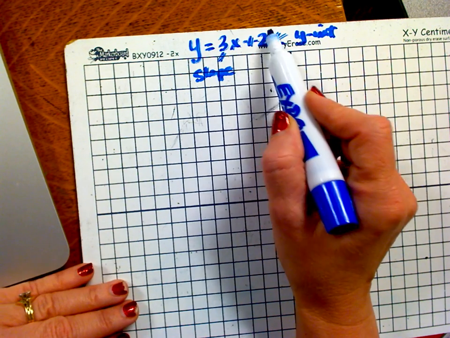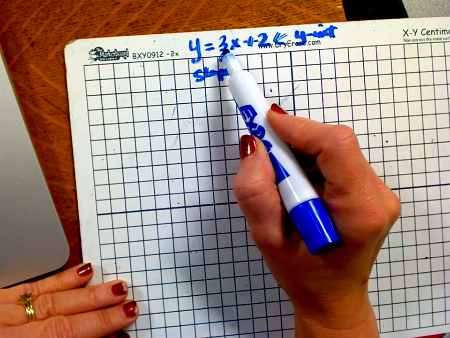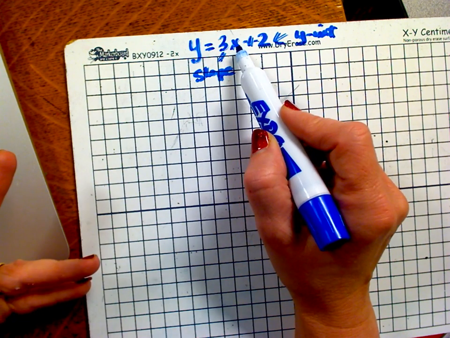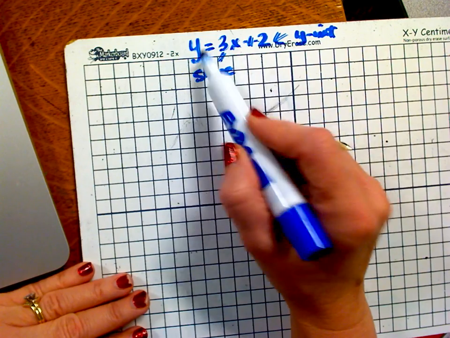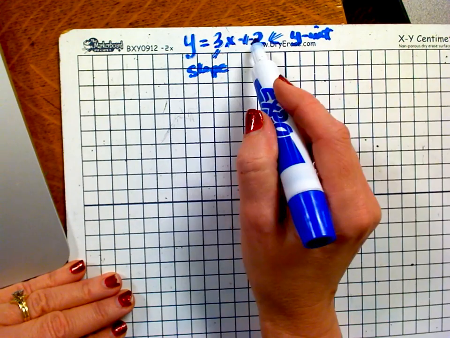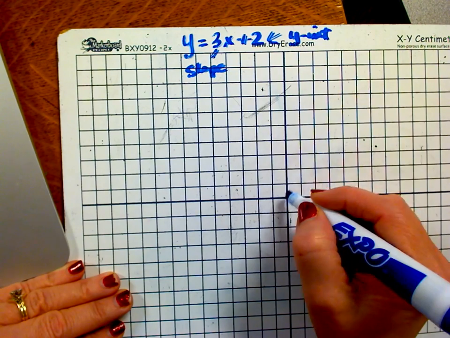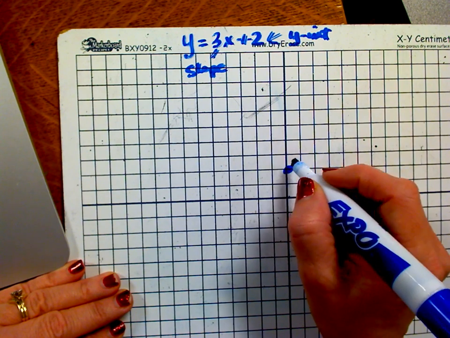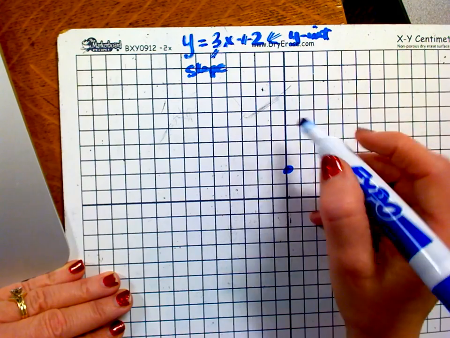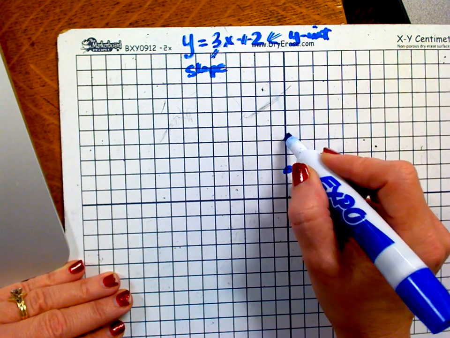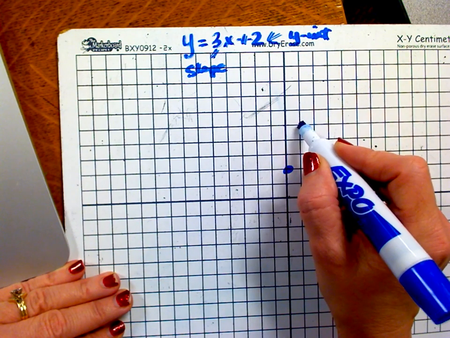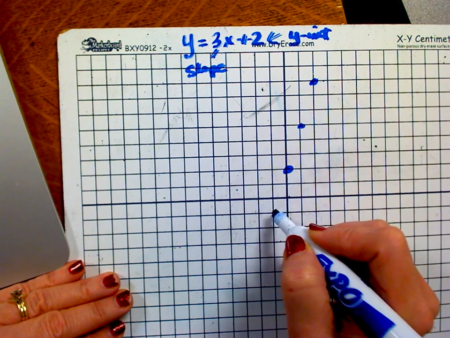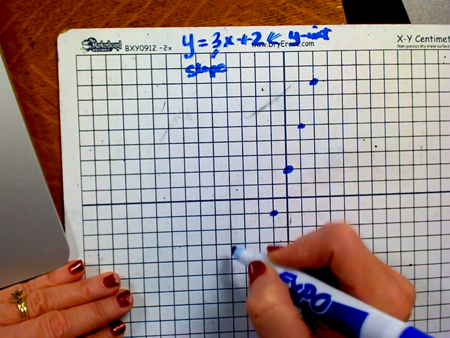So this is like saying you have $2 in your pocket and each week you collect $3. So how much money will you have after 8 weeks? And then you can figure that. So again, what that graph is going to look like. Remember that positive 2 from 0, 0, you're going to go up 2 on the y-axis, but then your slope is 3. So remember that's a positive 3, so you're going to go up 3 over 1, up 3 over 1. If I go down 3, I'm going to go to the left 1 because I want it to be a positive slope.